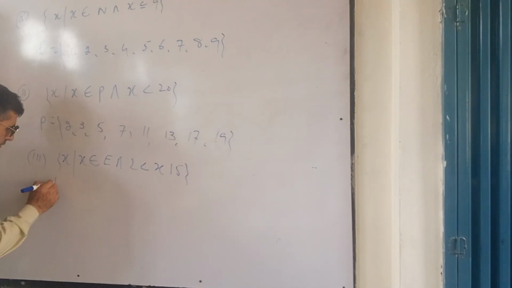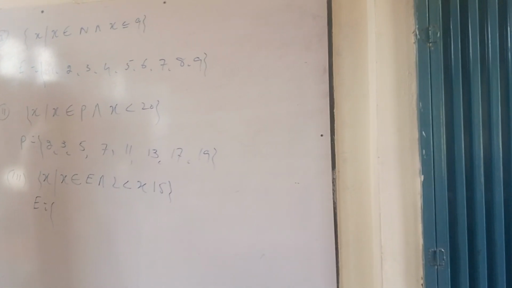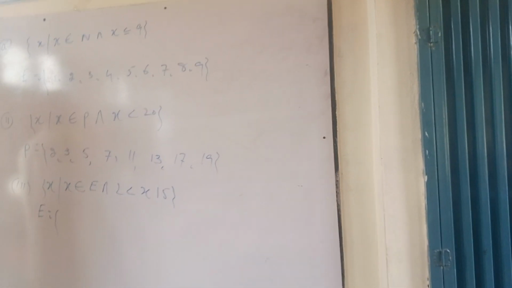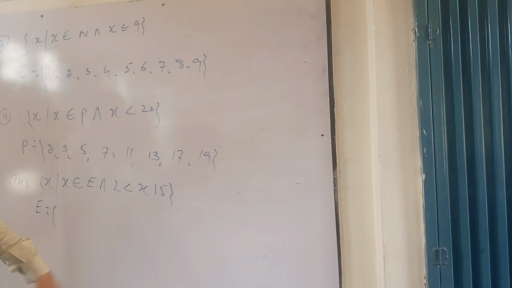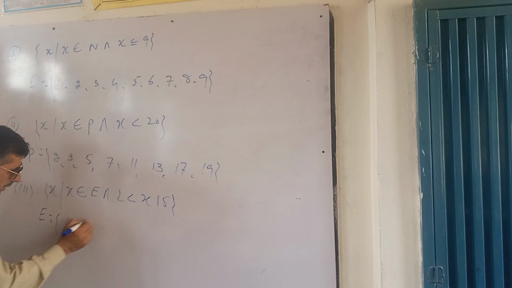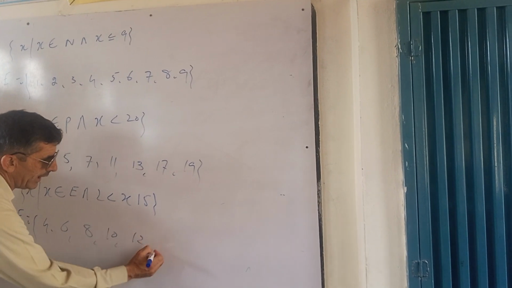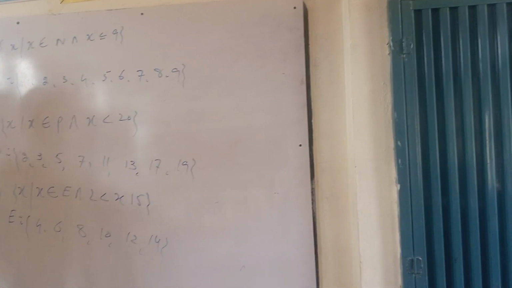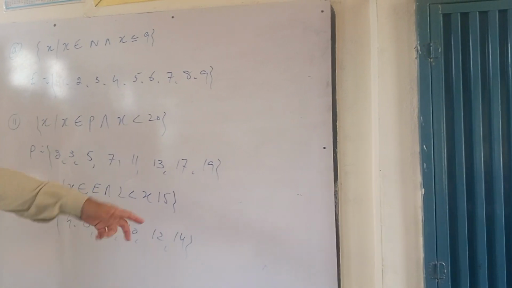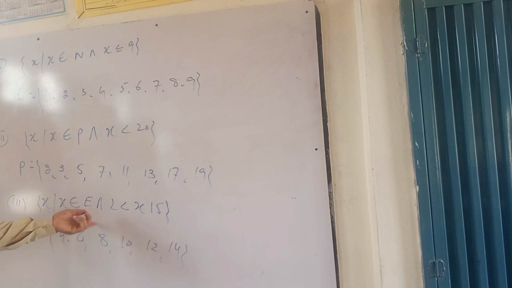So E is equal to the even numbers which are more than 2. The even numbers which are more than 2 are 4, 6, 8, 10, 12, and 14. 12 and 14, because we cannot write more than 14, because the statement says that it is less than 15 and greater than 2.